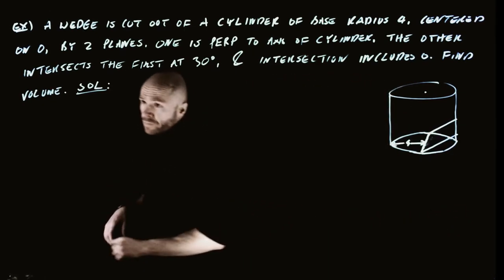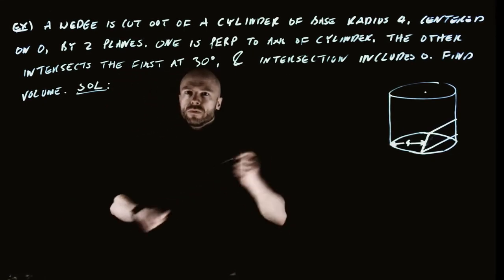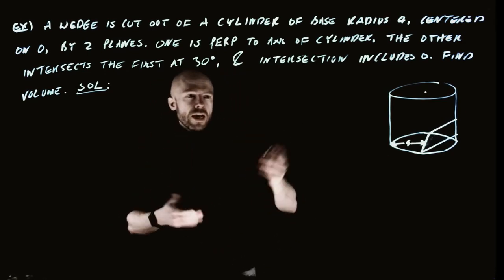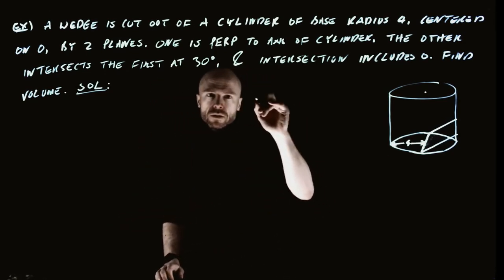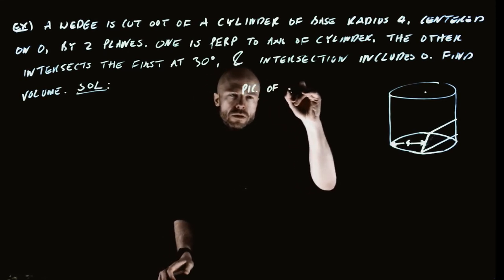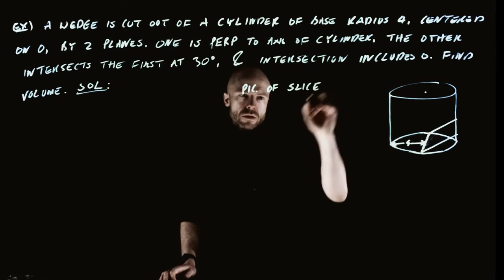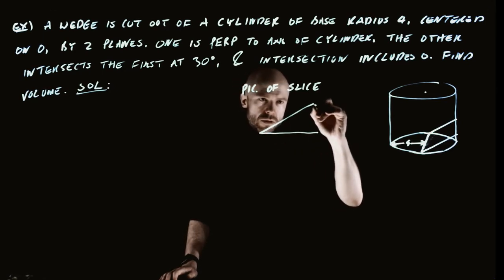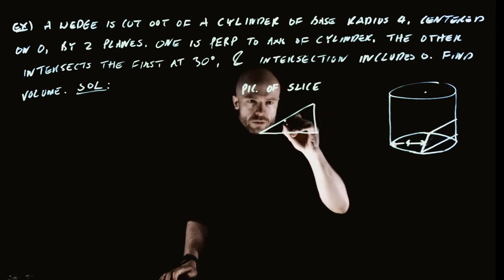Okay, so what pictures do we need to draw? Well, we're going to have the picture of the slice. And we agree if we slice like this, we're going to get a triangle with 30 degrees right here.